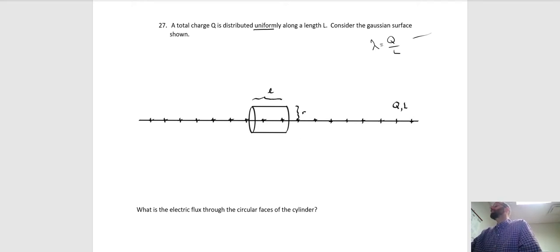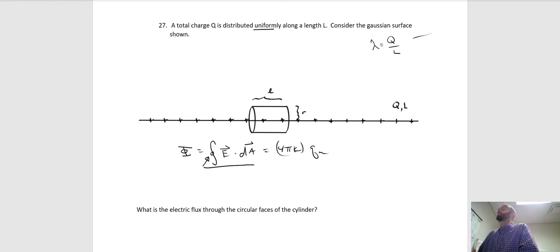Whether you write it in summation form or integral form, Gauss's law is basically this: the total electric flux, which is the integral of E dot dA, where E dot dA is the flux through any little surface, and the circle means over the entire surface, is equal to 4 pi k times the charge inside the surface.